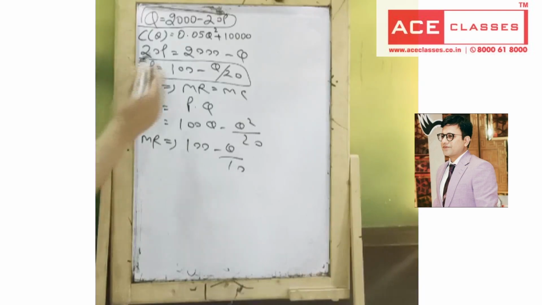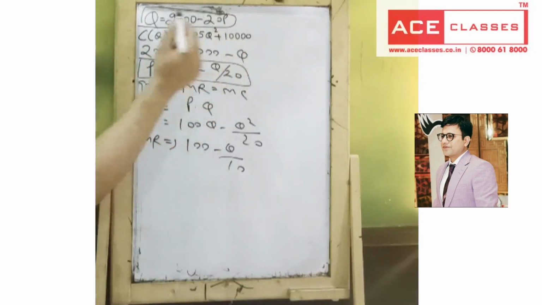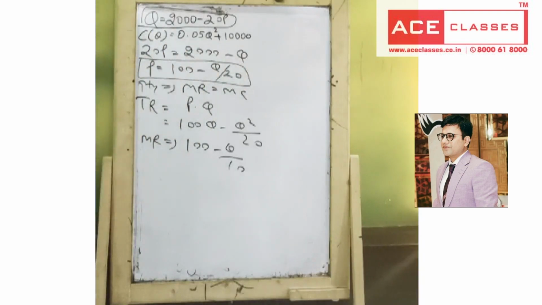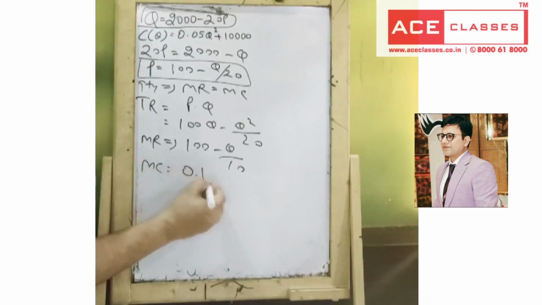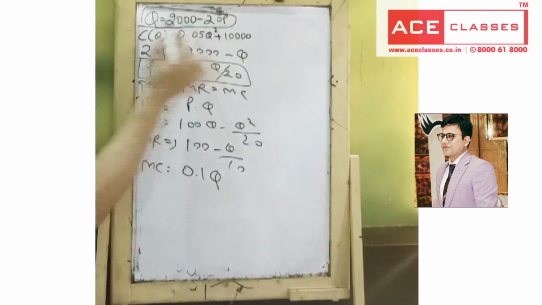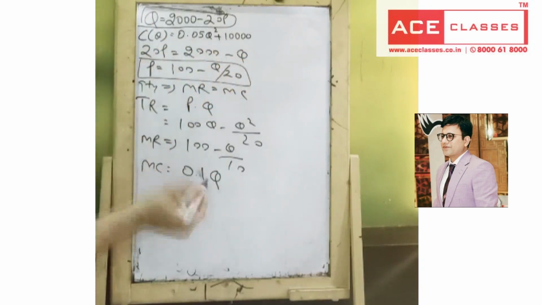Now what about MC? Well, we will differentiate this total cost function with respect to quantity to get to MC, and if you see our MC in this case should be this. By differentiating whole of that with respect to Q, you'll be getting this.